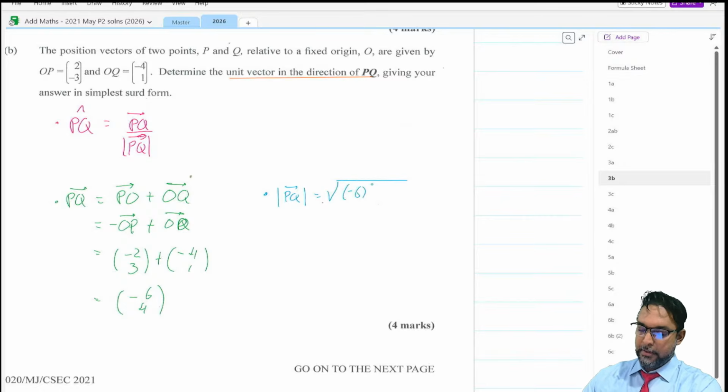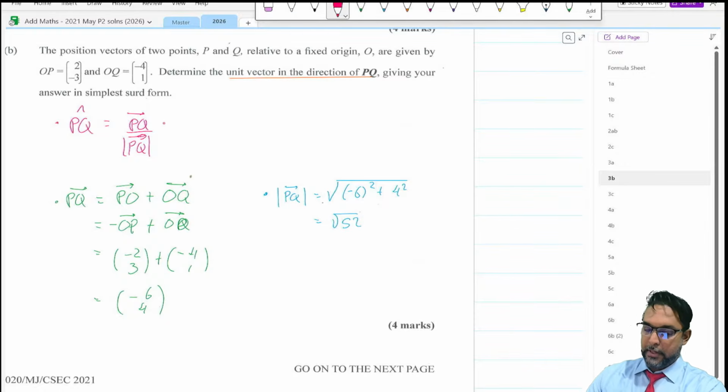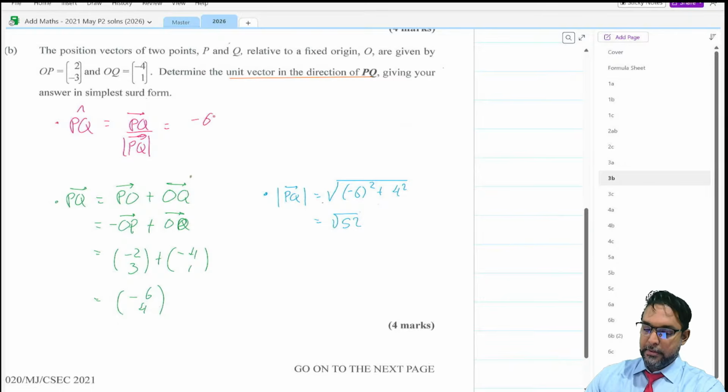Alright, so that's minus 6 squared plus 4 squared. So that's 36 plus 16, that is just root 52. Okay, cool. So our answer will simply be minus 6i plus 4j over root 52.